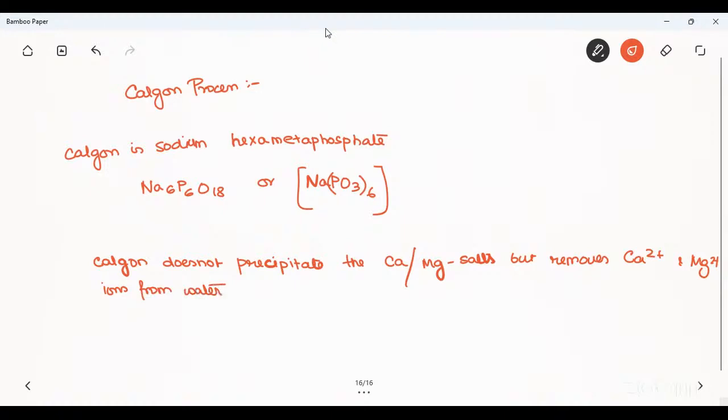The removal of these calcium or magnesium ions may take place either by adsorption or by the complex formation process.